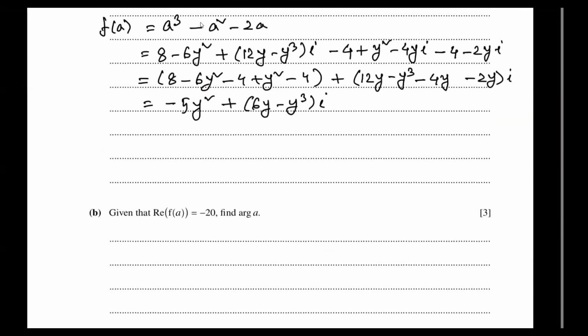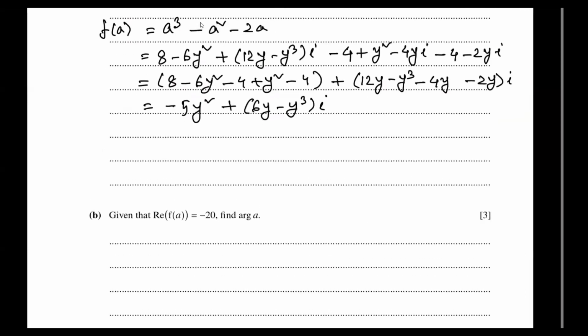Now, what about the second part? In second part, you see the real part of f(a) is equal to minus 20. This is the real part. This is equal to minus 20.